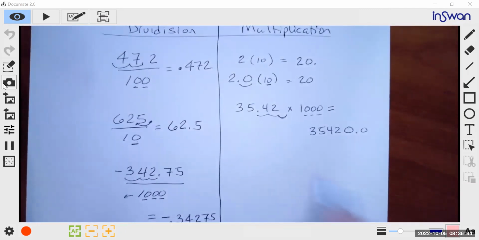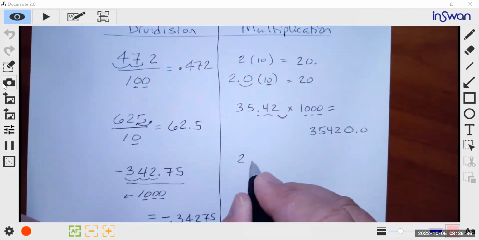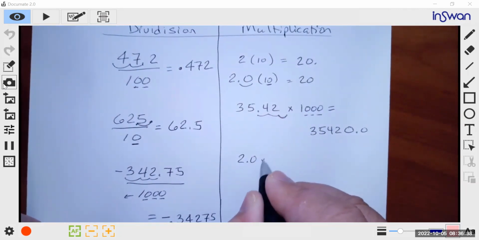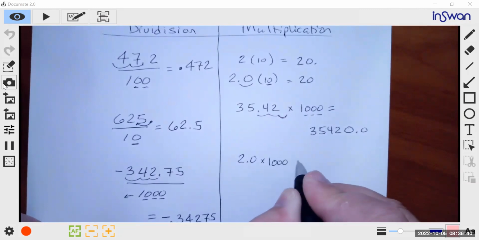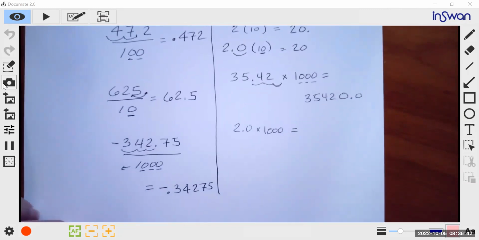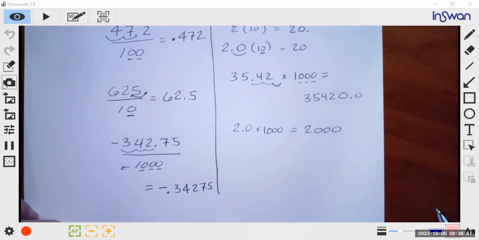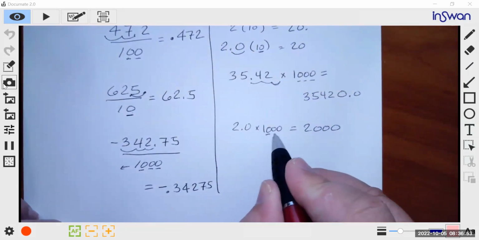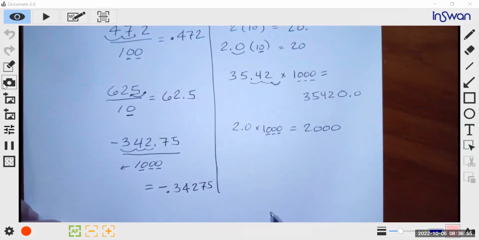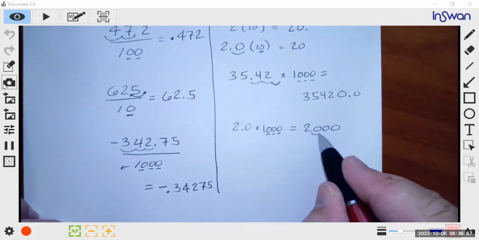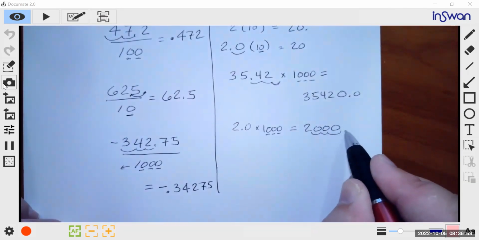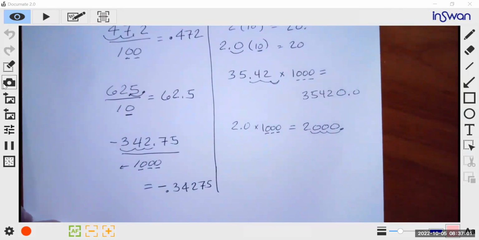So again, if I had 2.0 times 1,000, what would it equal? 2 times 1,000 is what? 2,000. If you look at it, I moved it 1, 2, 3 decimal places. So when you're multiplying, you move the decimal to the right.